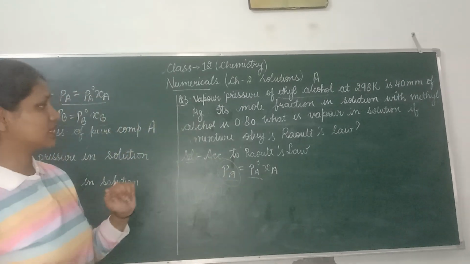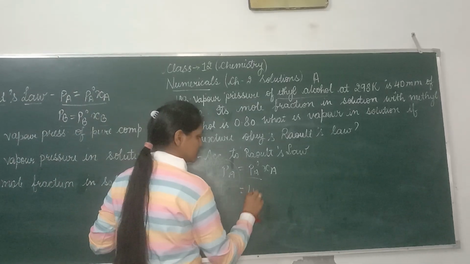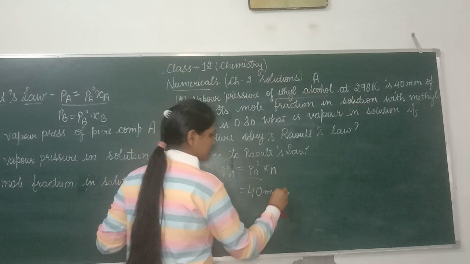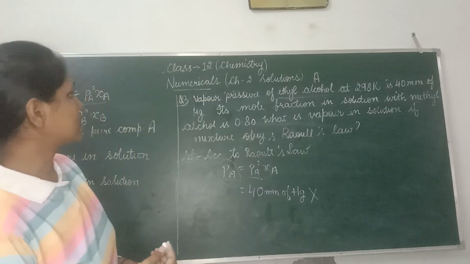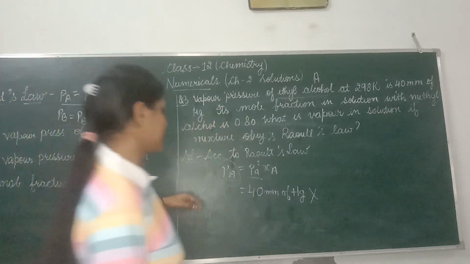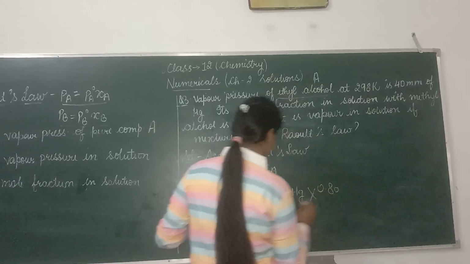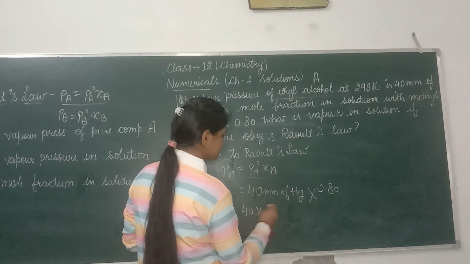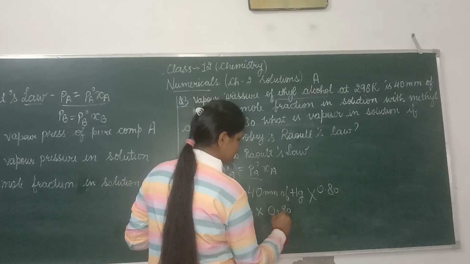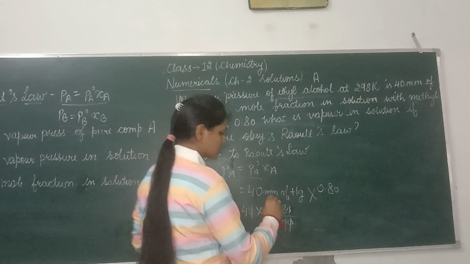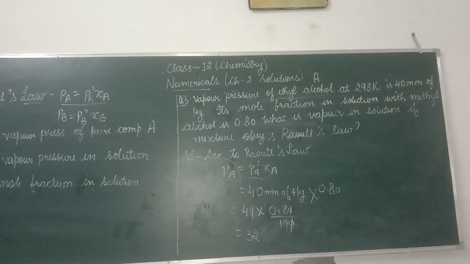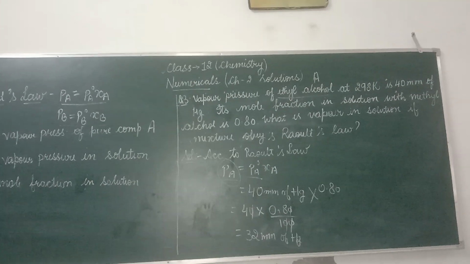PA naught is given to be 40 mm of mercury, multiplied by the mole fraction, which is given to be 0.80. By doing the calculation, 40 times 0.80 is 32. So the vapor pressure is 32 mm of mercury.